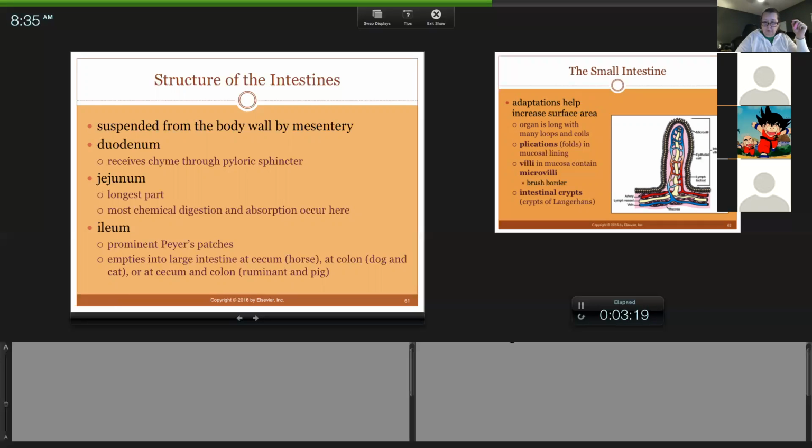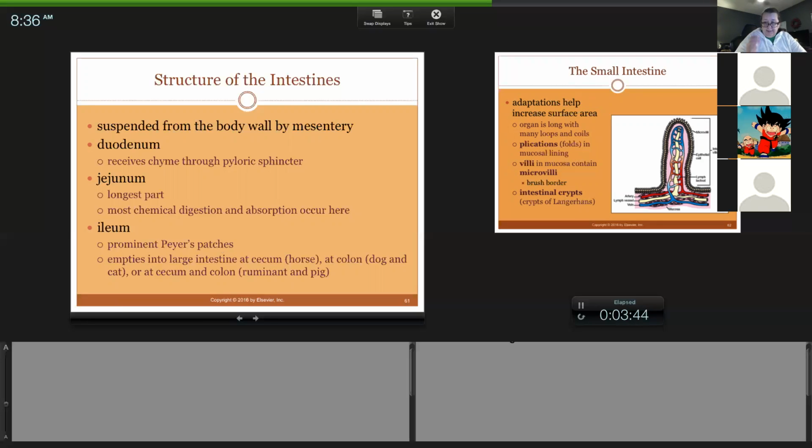Now, this is an important slide. So this is slide 61. What you need to know, and this is the other species differences, is depending on the species, the ileum is going to empty into different spots, okay? If we're talking about a horse, the ileum empties into a very large cecum. In the horse, the cecum is very prominent.